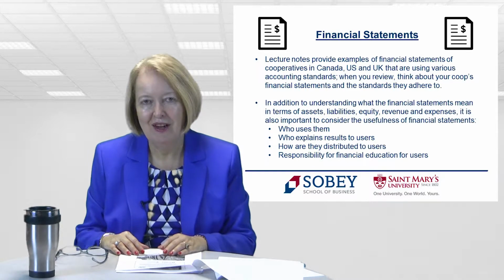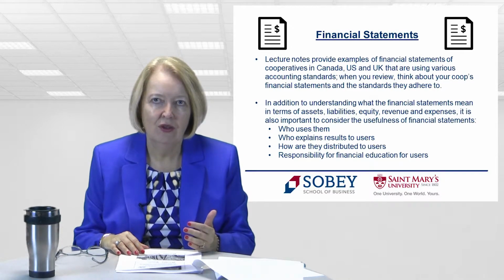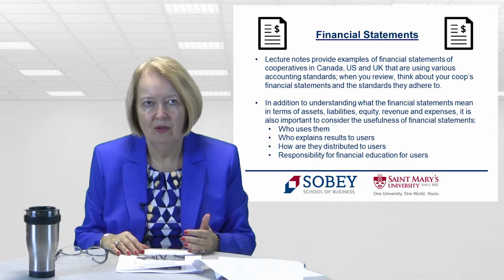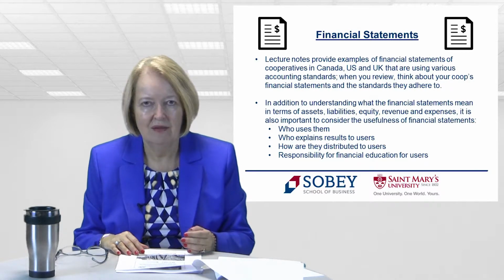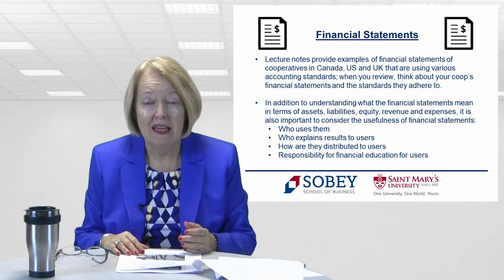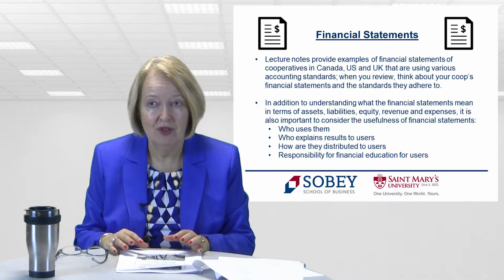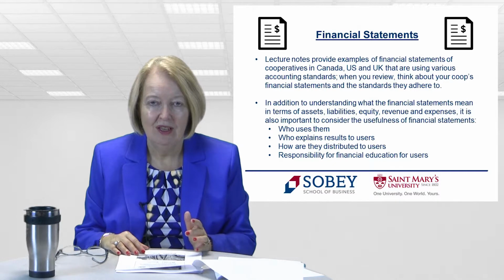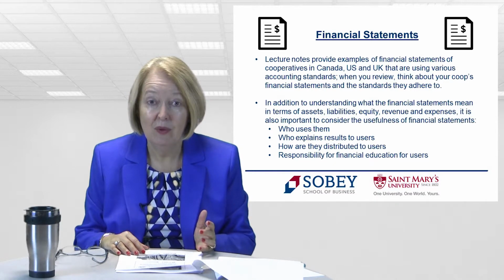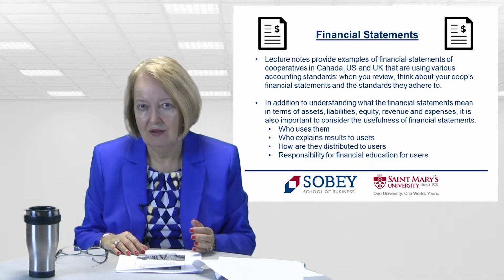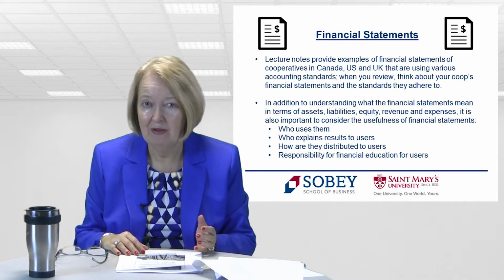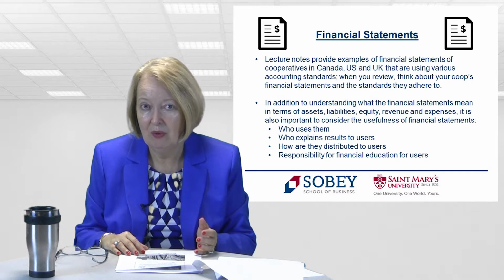Some people could make the argument and say, well, the members are responsible to do that, or the board has responsibility. But remember, in a co-op, the board has to be taken from the membership. So if you just by coincidence, for example, don't have a member who is an accountant who volunteers for the board, then maybe you don't even have that level of financial expertise that you should have on the board.